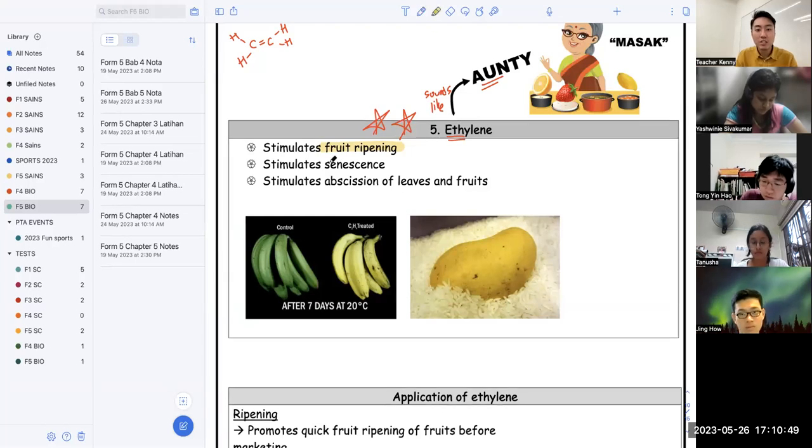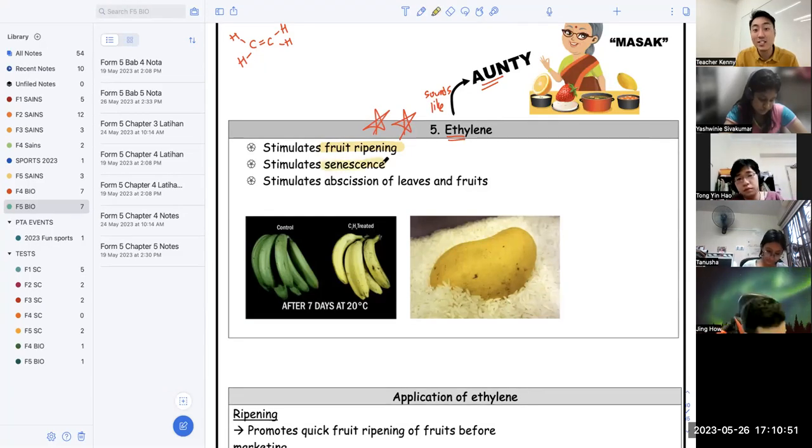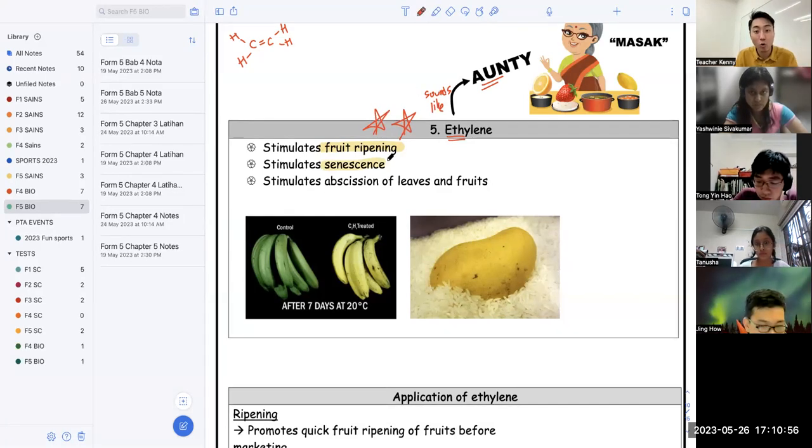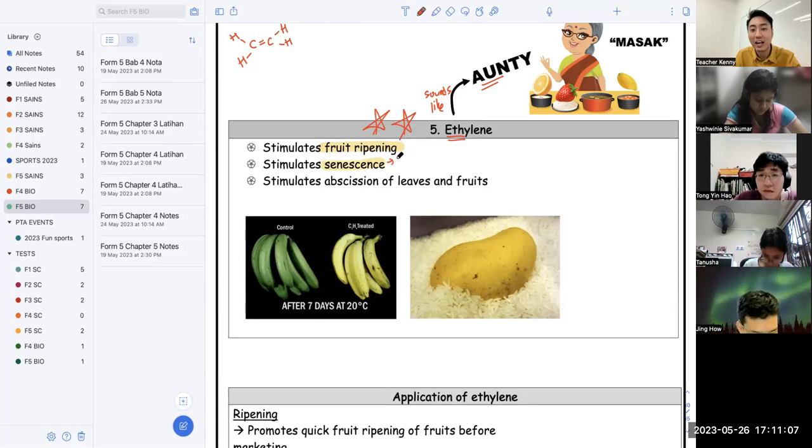Next. Stimulates senescence. What is senescence again? Senescence is the phase of growing old, right? That means basically yellowing and browning, growing old, aging.